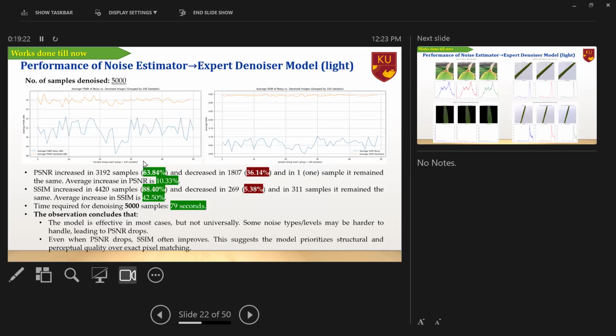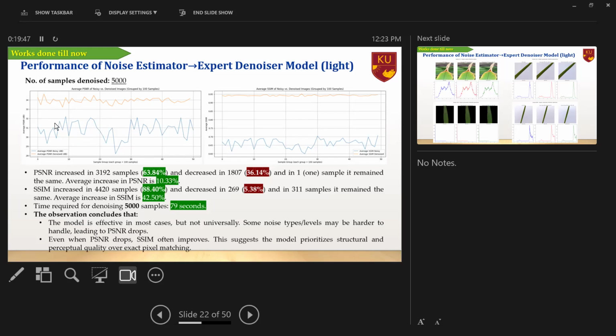So, the result of the combination of the noise estimator plus the expert denoiser light model. Here the graph is not visible. So the first one is the average PSNR of noisy and denoised images.